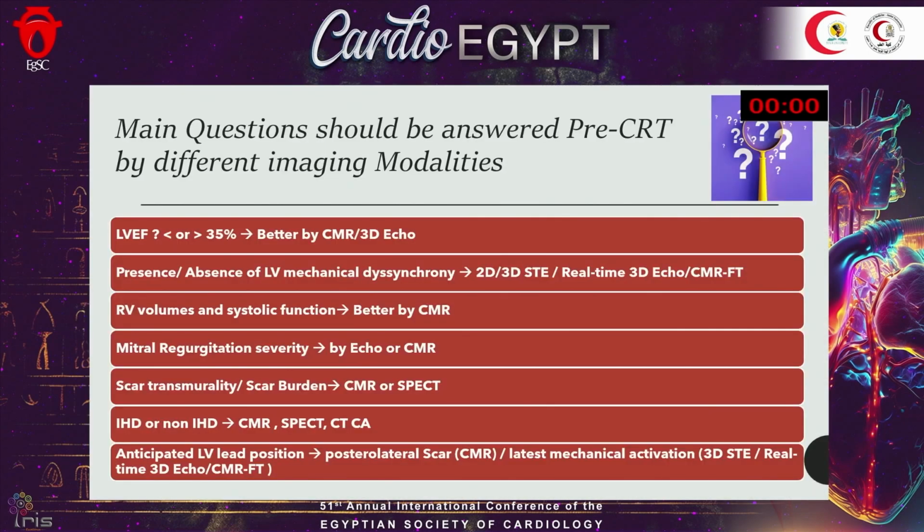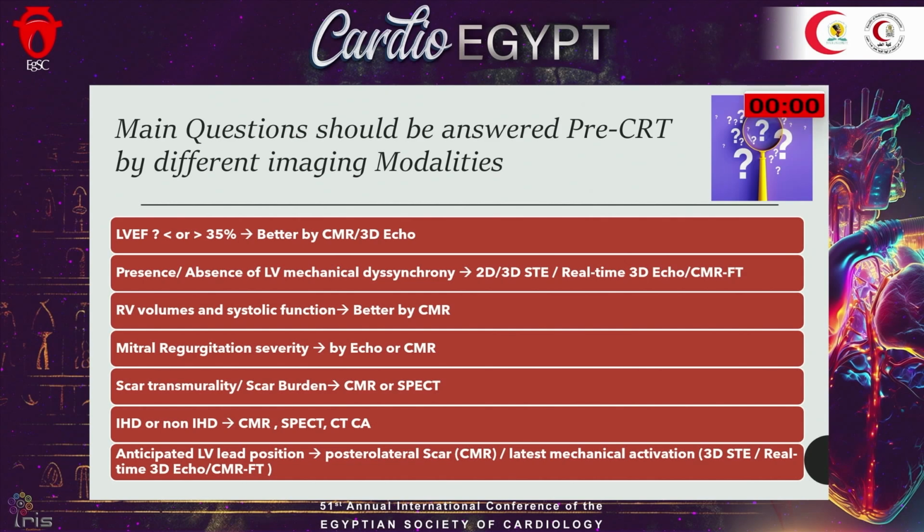Take home message: the main questions should be answered pre-CRT. What about ejection fraction? Better by CMR and 3D echo. Presence or absence of mechanical dyssynchrony by 2D, 3D speckle, real-time 3D echo, or CMR feature tracking.